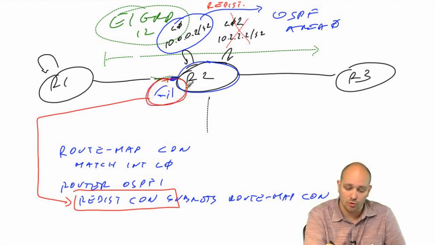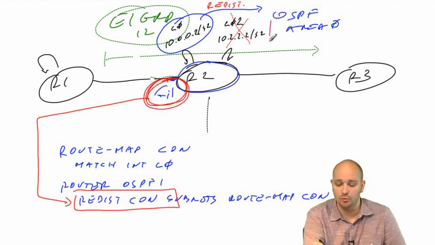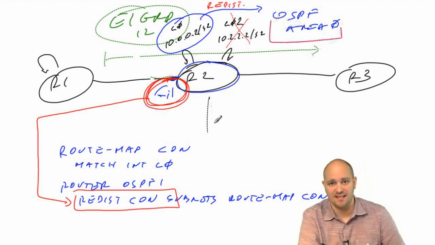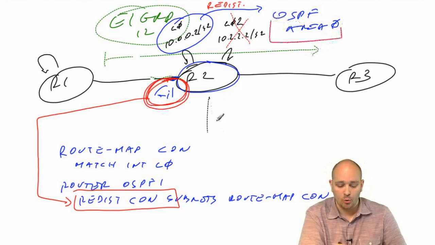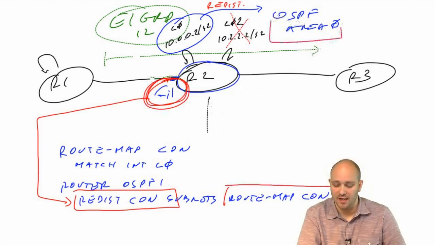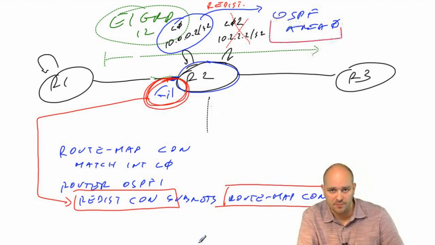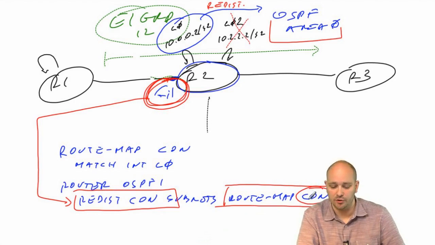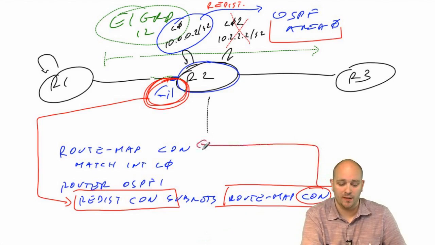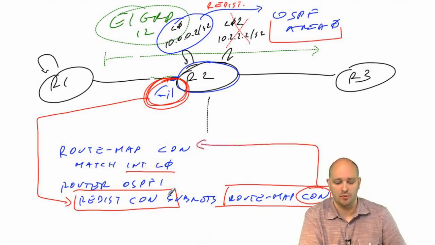It is now considered for the redistribution into this OSPF process as a connected route, which means it is going to be subject to the filtering specification. And in our filtering specification here, what we have said is allow interface loopback 0 to be redistributed.